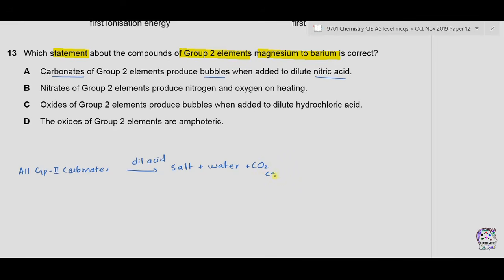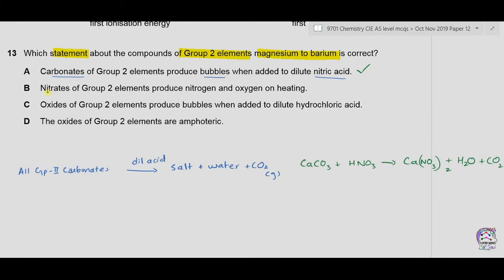As carbon dioxide is in gaseous state, so therefore bubbles will be produced. For example, if we have calcium carbonate, it will react with dilute nitric acid. It will form calcium nitrate along with water and carbon dioxide. So option A is correct.